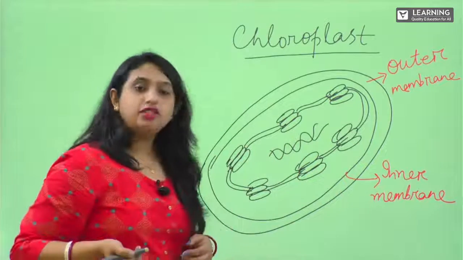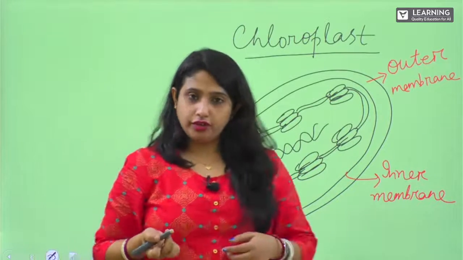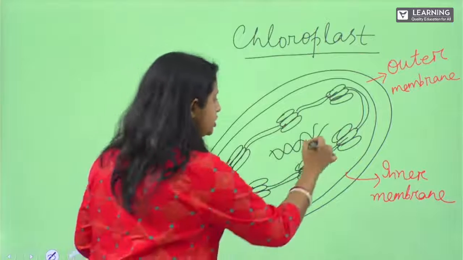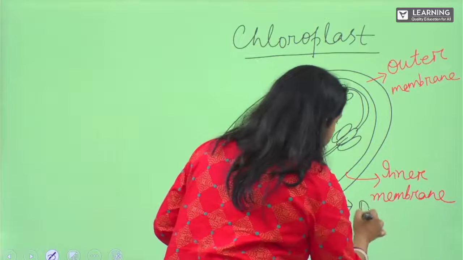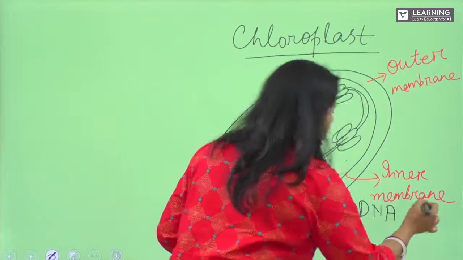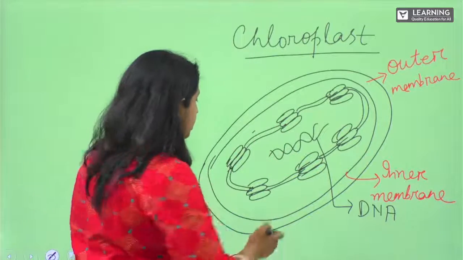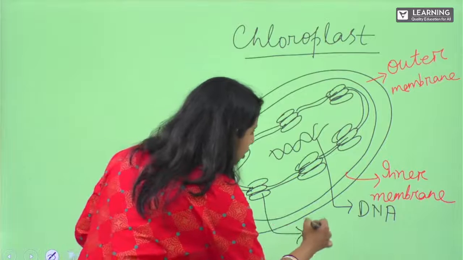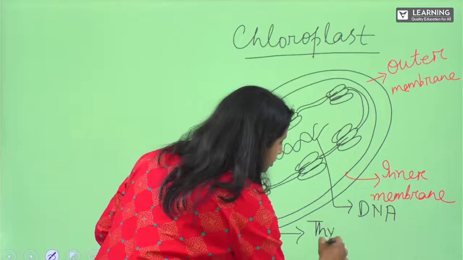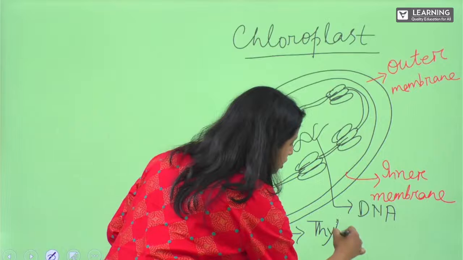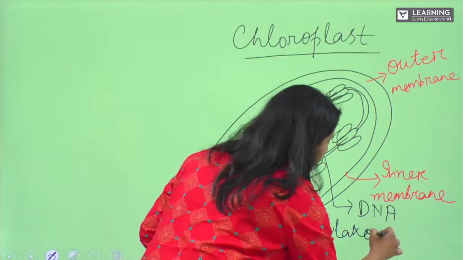In case of plants, they also have DNA, which is the genetic material. So what are these? These are your thylakoids.